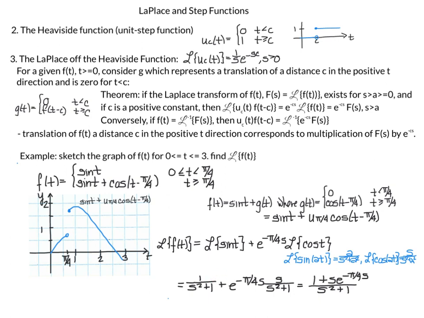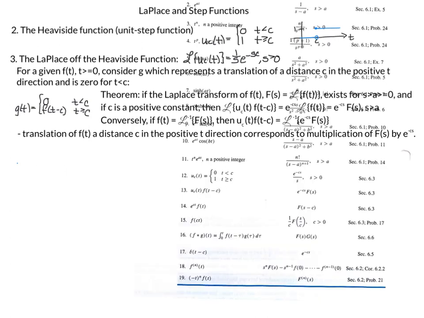Either one is okay. And this theorem is captured here in the Laplace transform table: f(t) translated by c units gives e^(-cs) times the Laplace of f(t). Not f(t - c), but f(t).